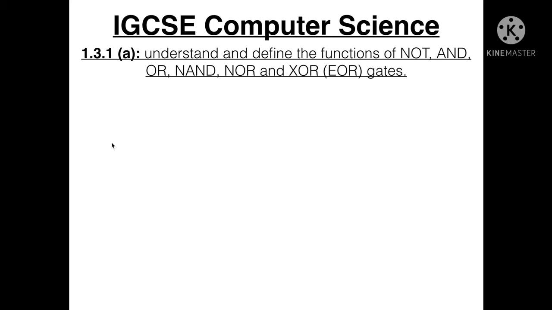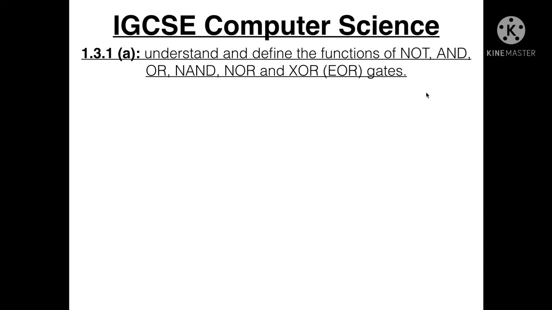So what are logic gates? Well, these are logic gates here. Well, 6 of them. And they're basically related to binary. So logic gates are used in electronic circuits in computers.